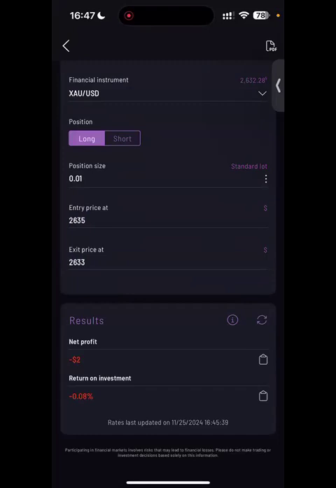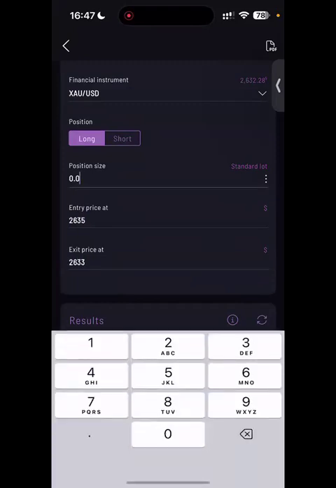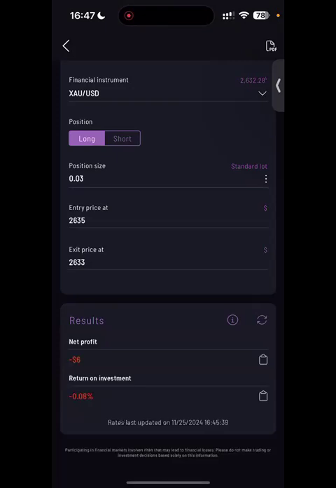Since you know that you should not be taking trades that have more than a 100 pip SL, this now gives you room to increase your lot size. I'm not saying increase your lot size anyhow, but increase your lot size in a calculated way.